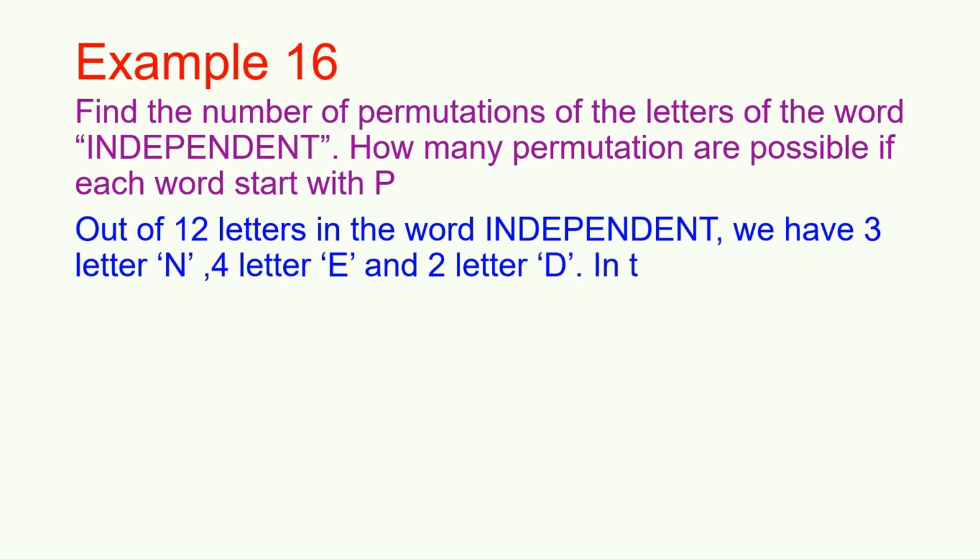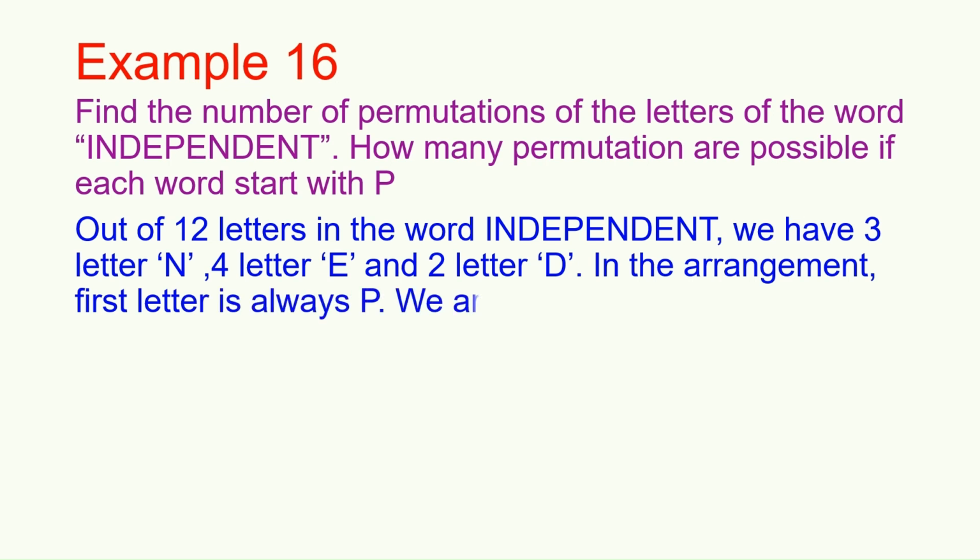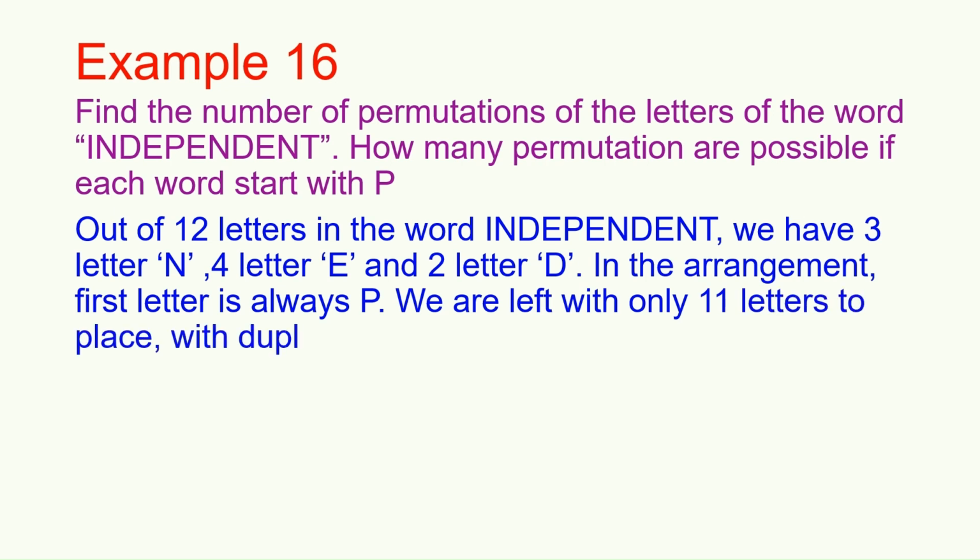Out of 12 letters in the word independent, we have 3 letter N, 4 letter E and 2 letter D. In the arrangement, the first letter is always P. We are left with only 11 letters to place.